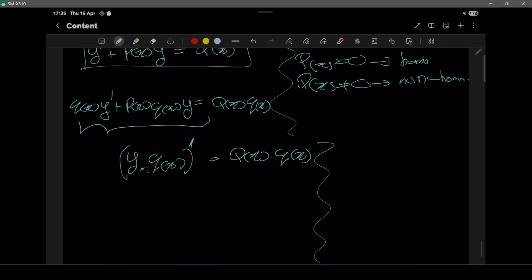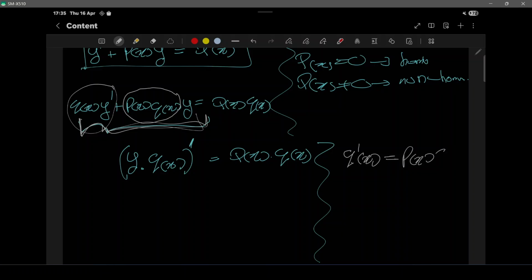If we differentiate this term, we get y dash mu x, exactly this. The next term is y times mu dash x. So mu dash x should be equal to p x times mu x for the whole derivative to be exactly equal to these two terms.